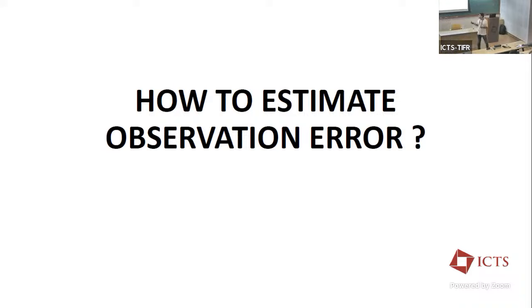If your observation error is too large or too small, then you are going to land in trouble. So there has to be a healthy ratio between your observation error and your model error. Now the question is, how do we estimate these observation error covariances?